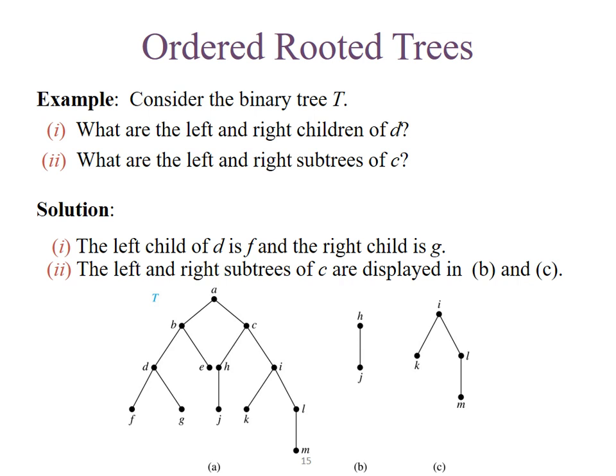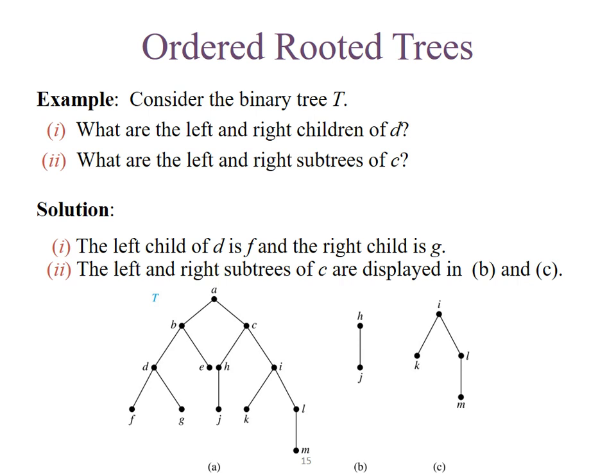Okay, next, let's see this example. Consider the binary tree T. What are the left and right children of D? Let's find where the internal vertex D is. Here it is. So the left and right children of D will be F and G. And what are the left and right subtrees of C?